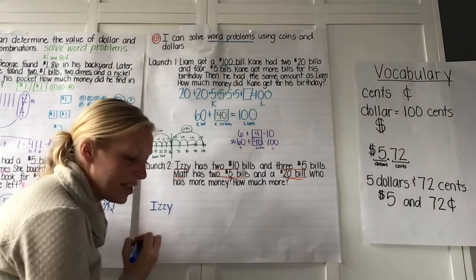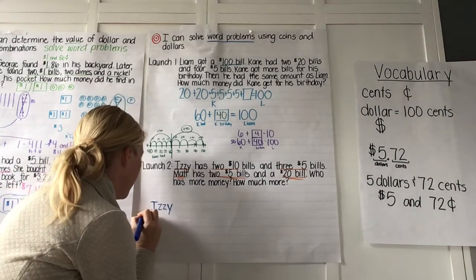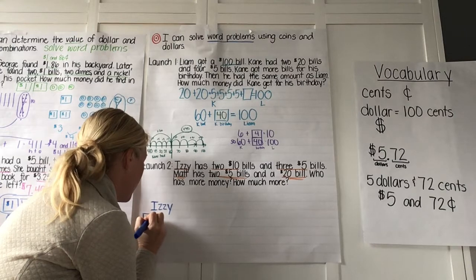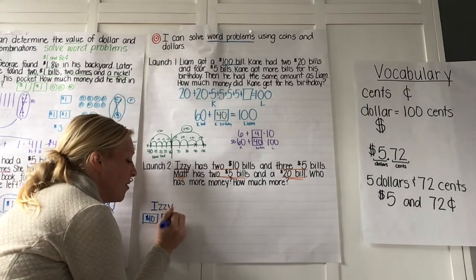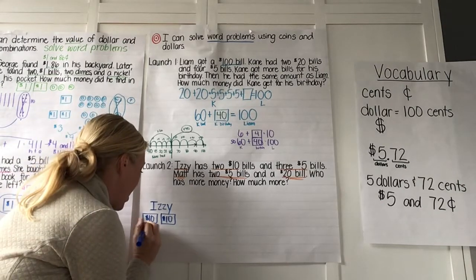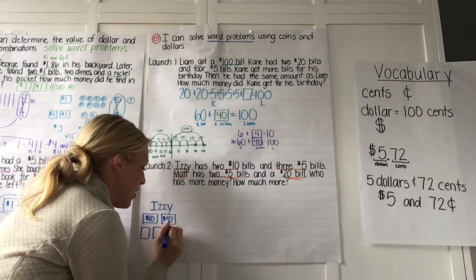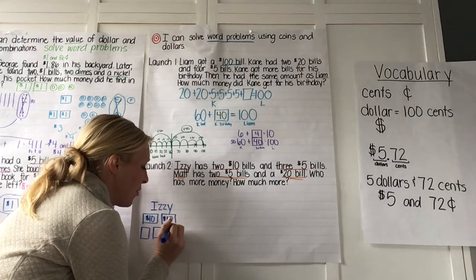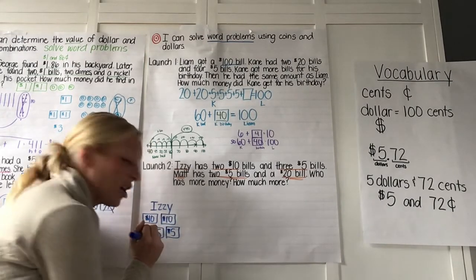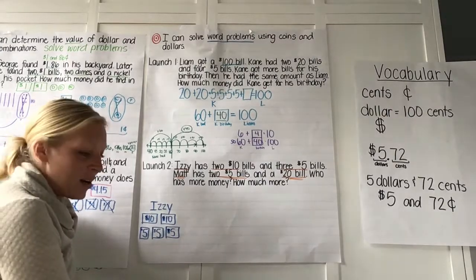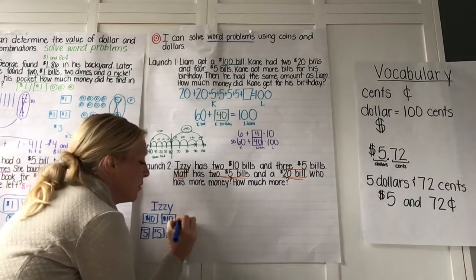All right, so with Izzy, what did you do? You showed her two $10 bills, okay? And you showed her 3 $5. Not that those bills are any smaller when they're 5s, but for some reason, I just drew them smaller on our chart. Silly, silly. All right, and what did you notice?